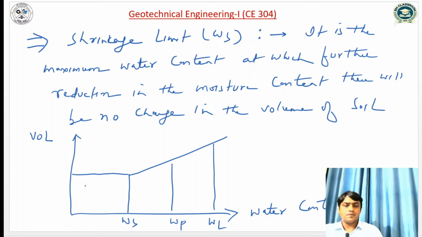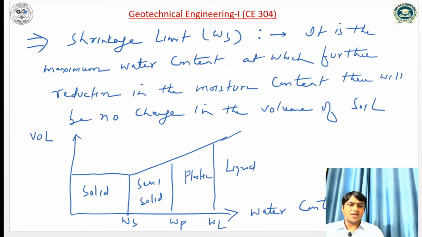So we can say this is the solid stage, semi-solid, plastic, and liquid stage. We can see that it is the maximum moisture content at which further reduction in the moisture content there will be no change in the volume of soil, that is the dry volume of soil. So the definition is it is the maximum water content at which further reduction in the moisture content there will be no change in the volume of soil.